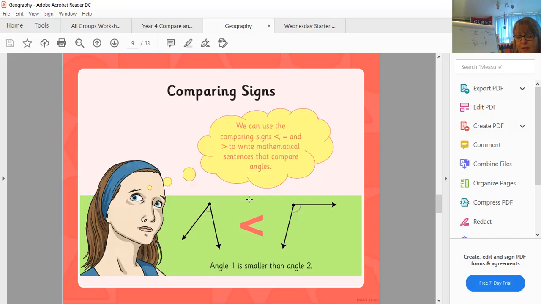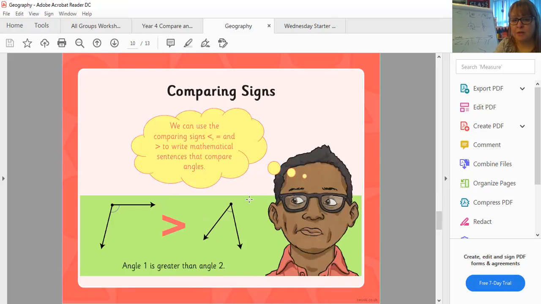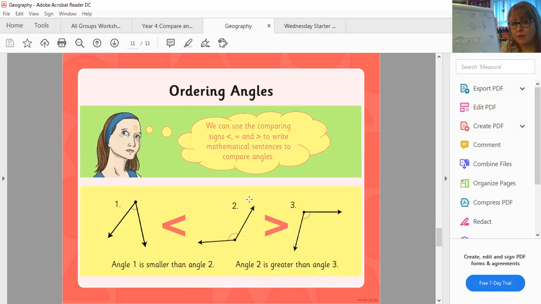All right. So that's what you've got to remember to do this one with. So you can see there are some examples on the home teaching document. You can even use it in this way to compare a set of 3 angles.